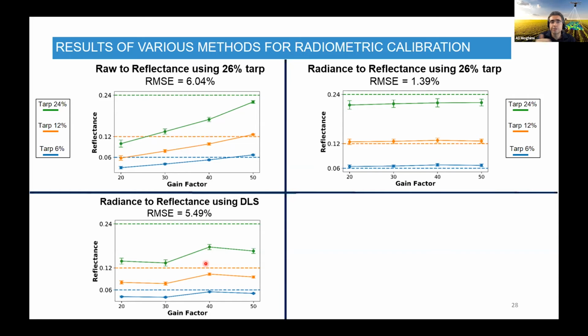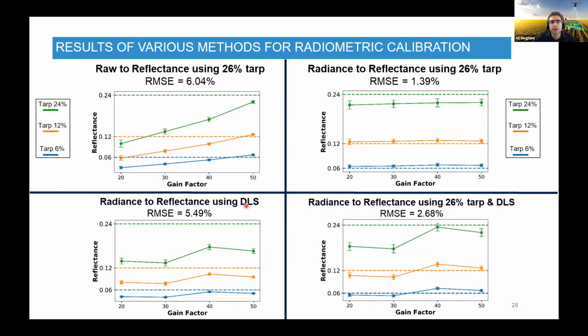So in each of those experiments, the angle between the sun and the DLS, or downwelling sensor, might be different. So that might cause this kind of problem. And then if we combine or calibrate the downwelling sensor with the TARP, we get a better result. You can see RMSE drops to 2.68%.